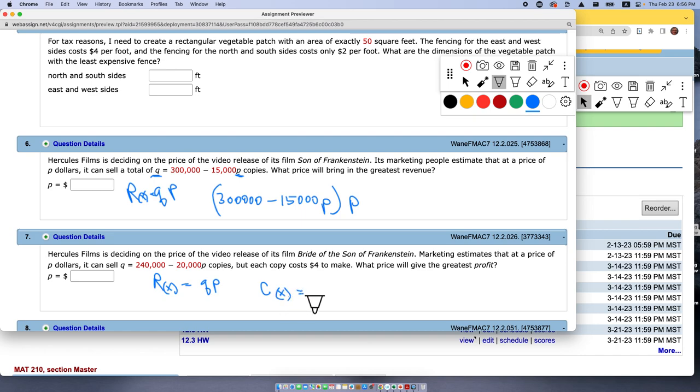And this was on the test, except it was revenue. So if it costs us $4 to make, what would be the cost function? Each one costs $4. So simply the number we make, which is X. Oh wait.